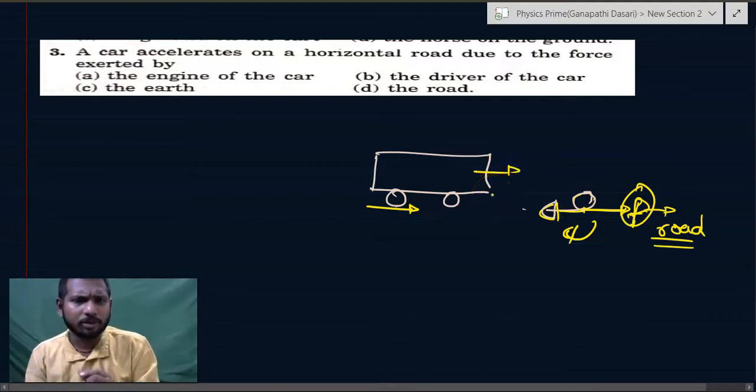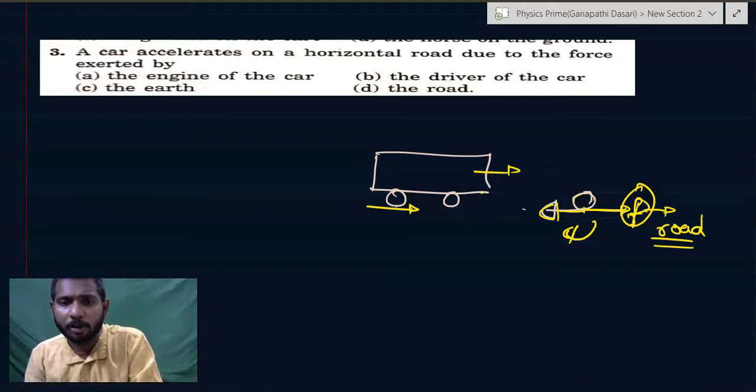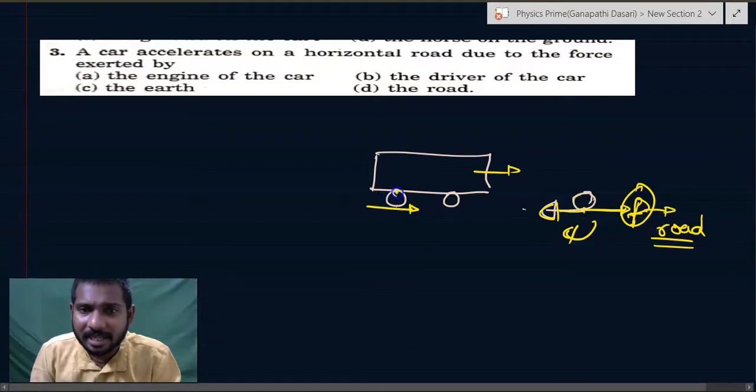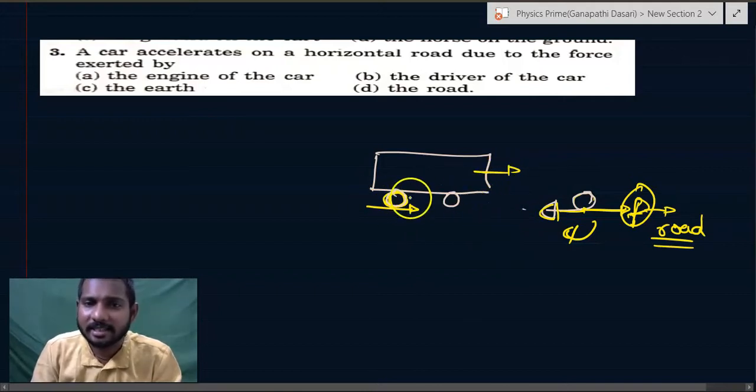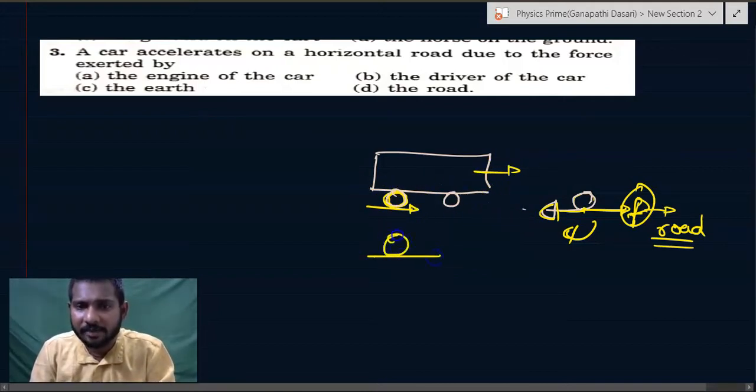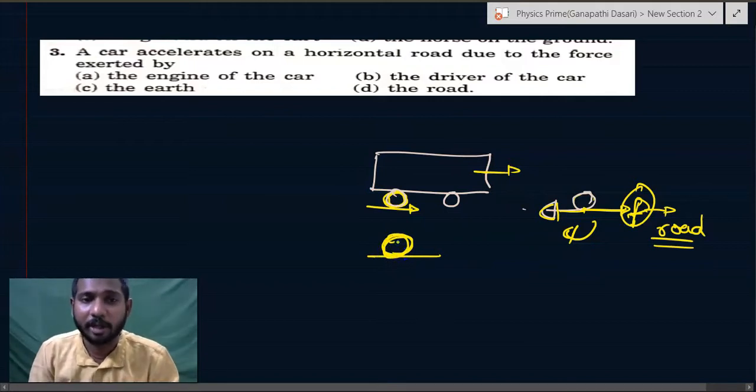You might get a doubt. What does this engine do? Suppose the road is not having friction, you just kept the car on the road, and the engine starts, it just rotates here, it slips, it slides, that's it. It will not move ahead. It just moves on a frictionless surface like this. If you try to walk on a frictionless surface, you cannot walk.